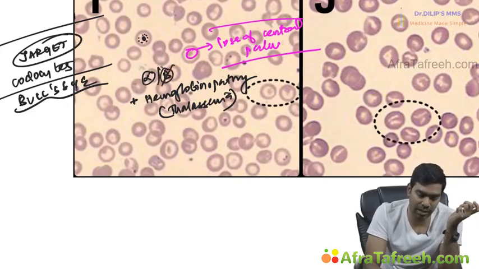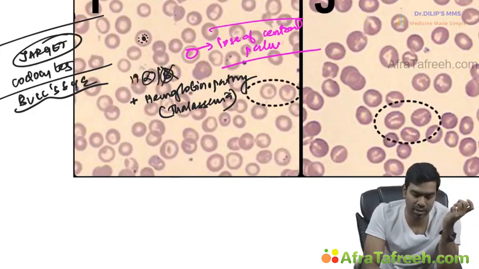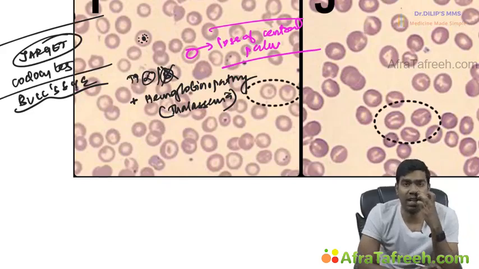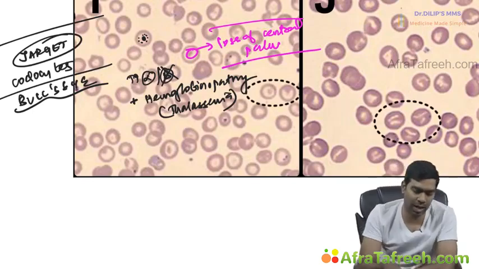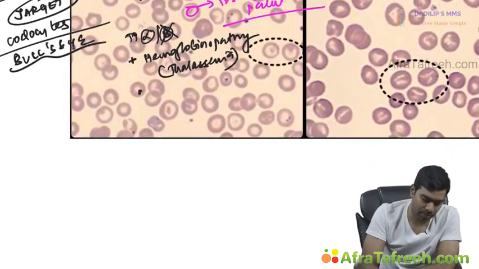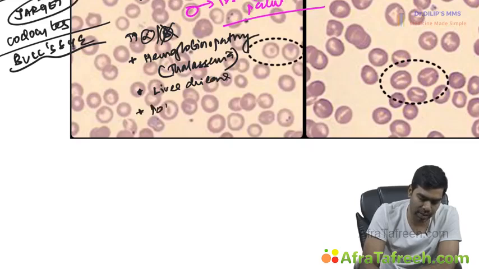If the beta chain in beta thalassemia is not produced, alpha chain will be produced in excess and form clumps. That can get accumulated in the central portion. That is the reason why you can get a target cell in thalassemia. You can also get it in liver disease, and in post-splenectomy patients. After splenectomy, you can get a target cell.